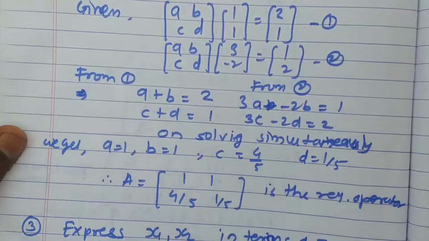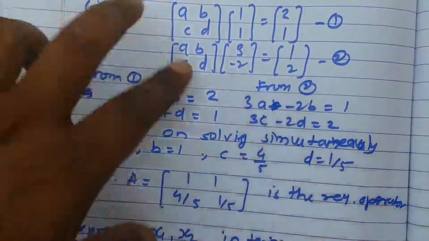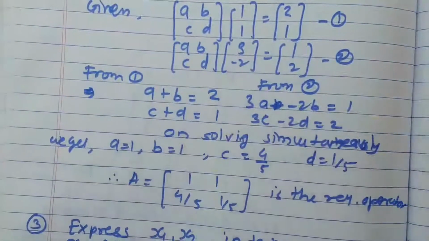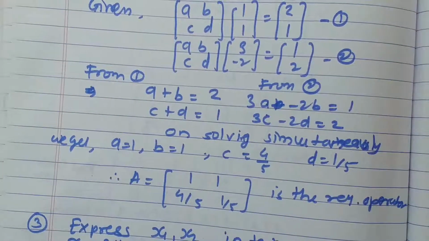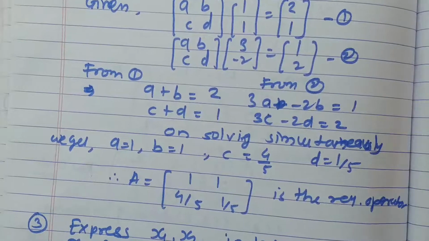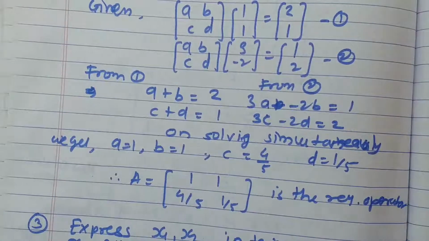Whenever they provide you such a mapping, you need to consider the operator in the form of constants, and by getting such equations you can determine that operator. In the previous example the operator was given and we determined the vector, and here the vectors are given and we have determined the operator.